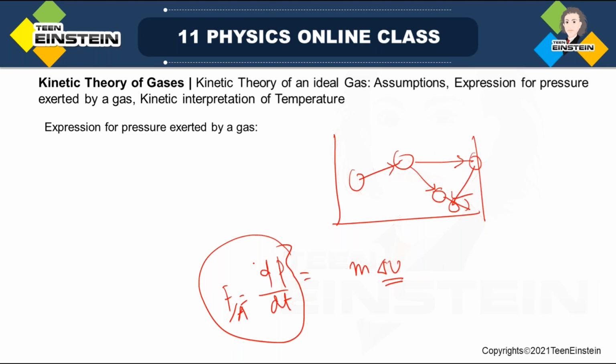You should first be able to find the expression for the force, and then you know the area of the vessel is A. So then you can write thrust by area is equal to pressure.